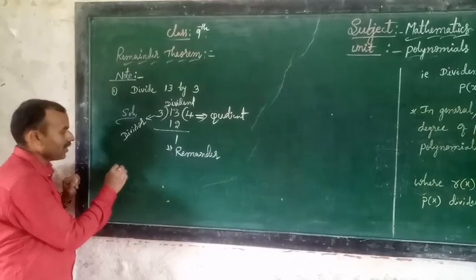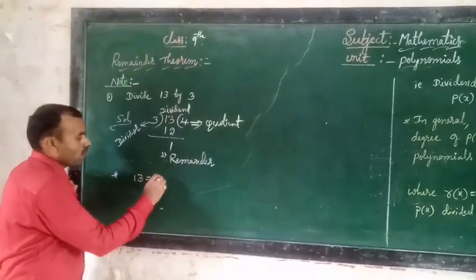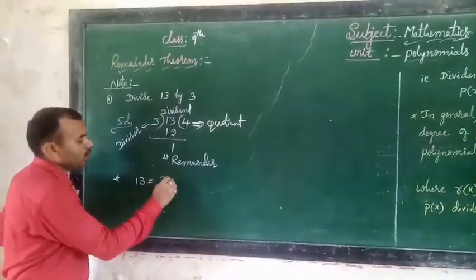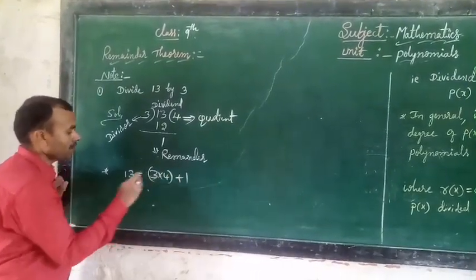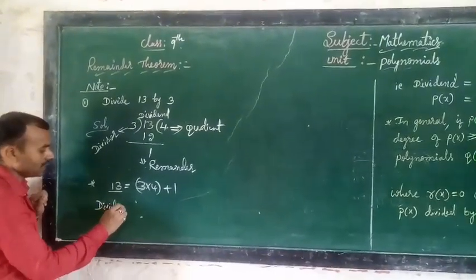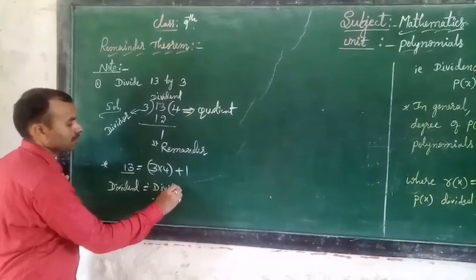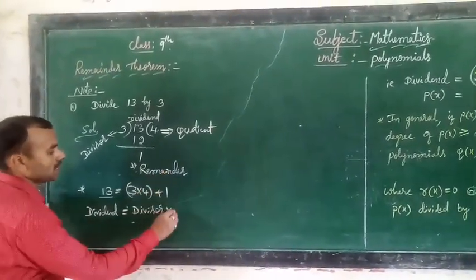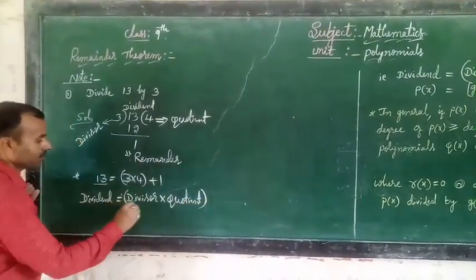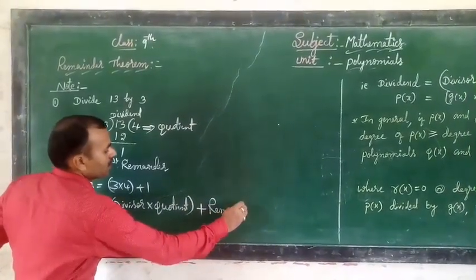Simply write 13 is equal to 3 into 4 plus 1. 13 is the dividend, 3 is the divisor, 4 is the quotient, plus 1 is the remainder.